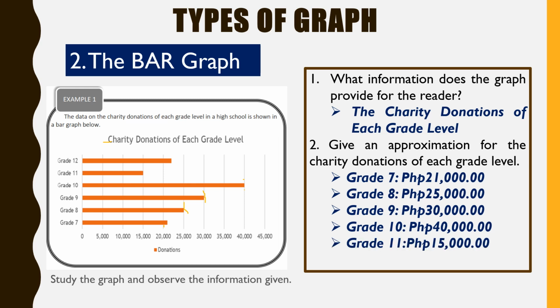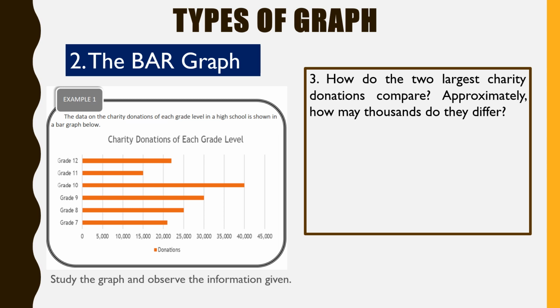For grade 11, it is 15,000. And for the grade 12 students, it went past 20,000, more than that of grade 7. So let's add another 1,000. So that is 22,000 approximately.